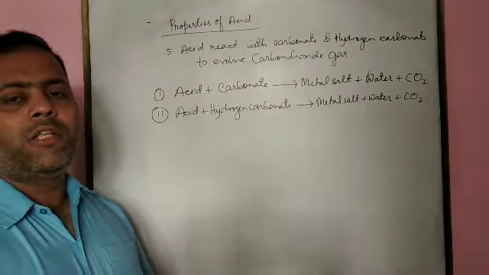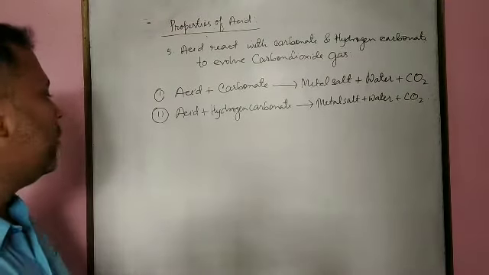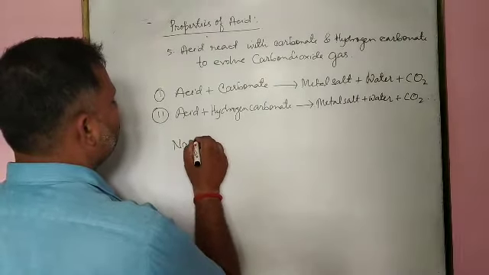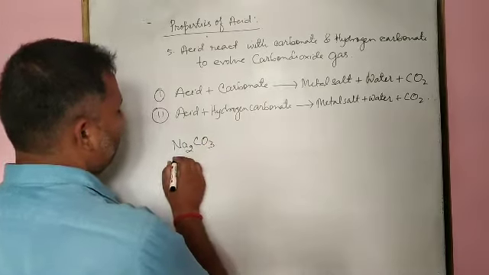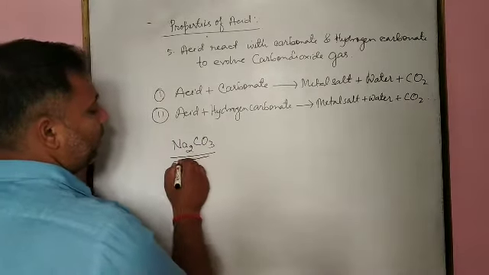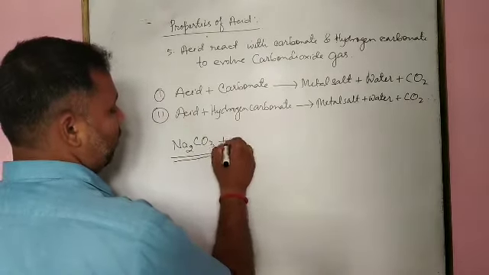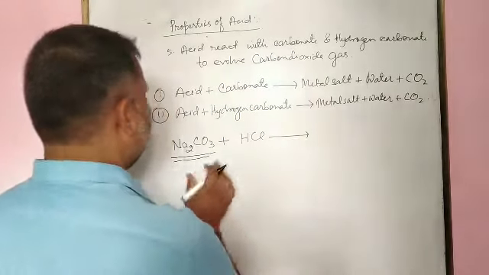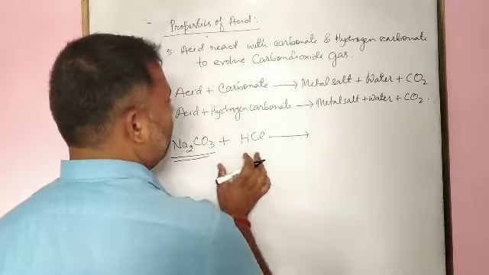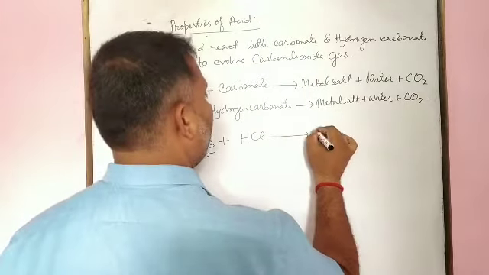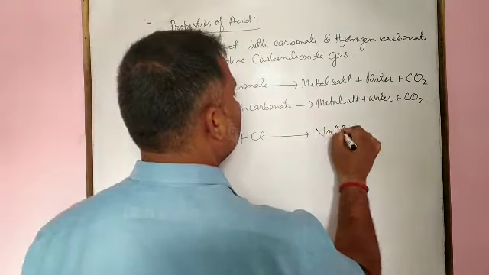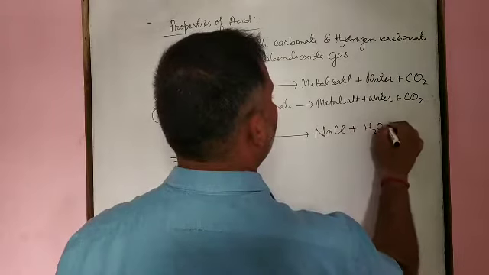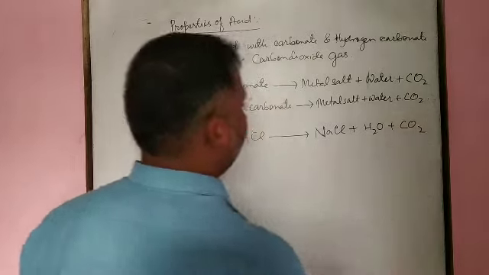Let us discuss them by taking some examples. If we have carbonate, that is sodium carbonate, Na2CO3, when sodium carbonate reacts with an acid, that is HCl, it forms metal salt, that is NaCl, sodium chloride, together with water plus carbon dioxide.